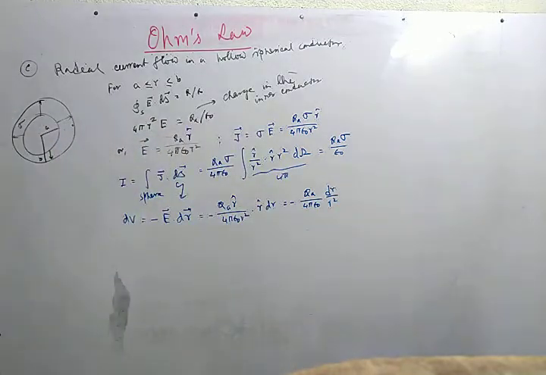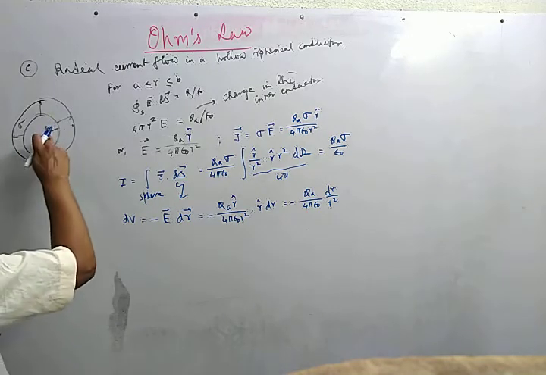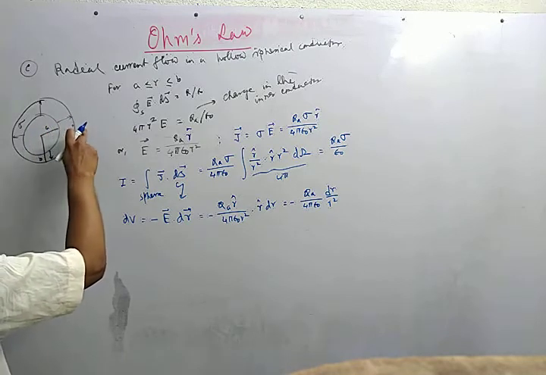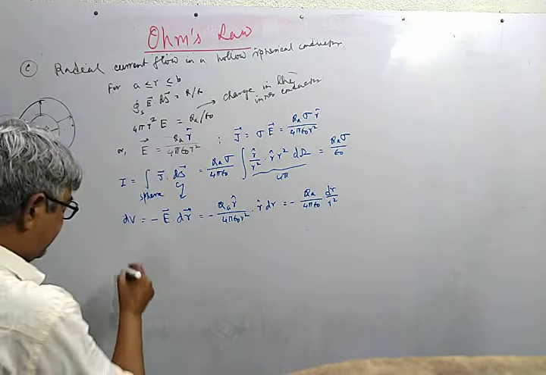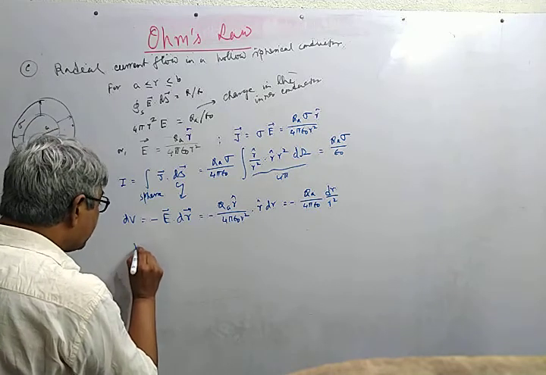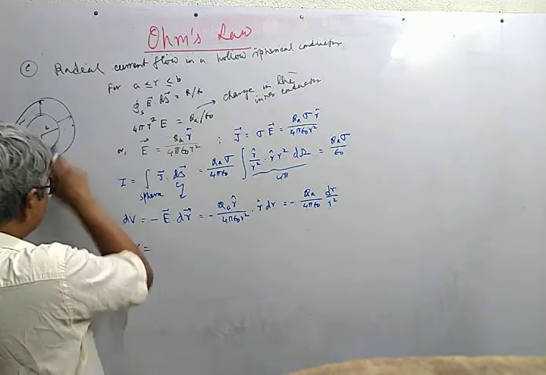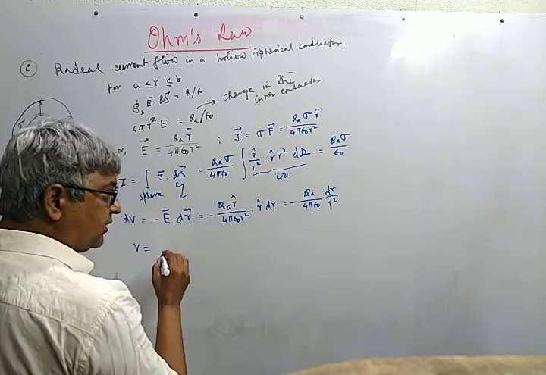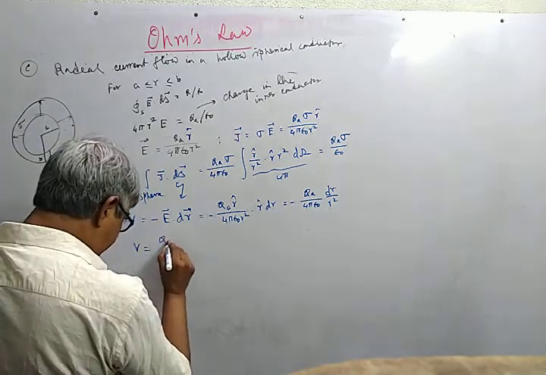Now if we integrate it, the inner shell is at a higher potential and the outer at a lower potential, and if we integrate it with limits, we get the potential difference. This is the potential difference between the inner shell and the outer shell.